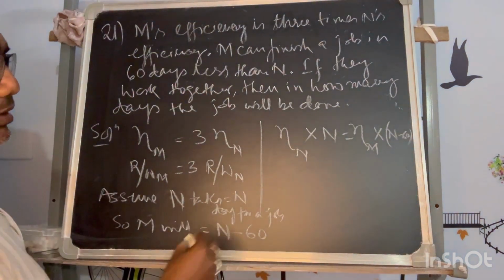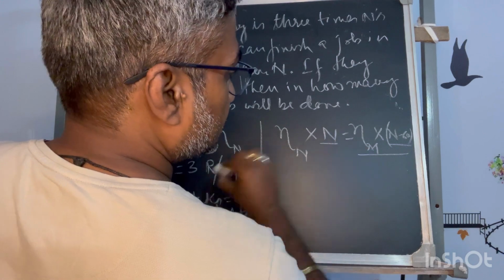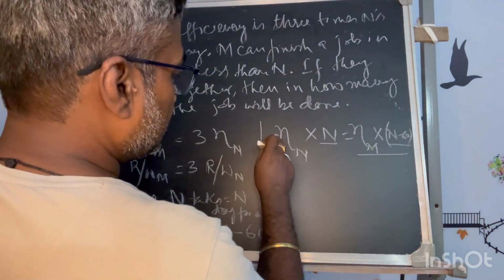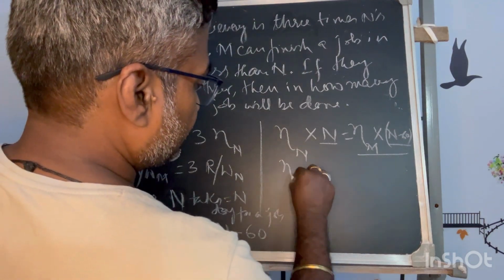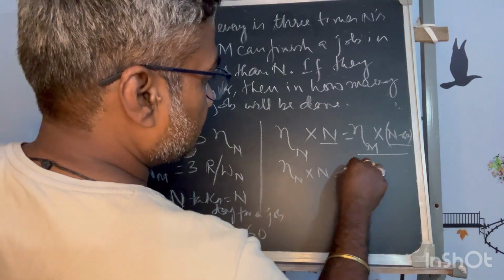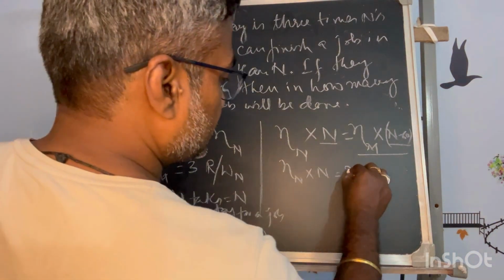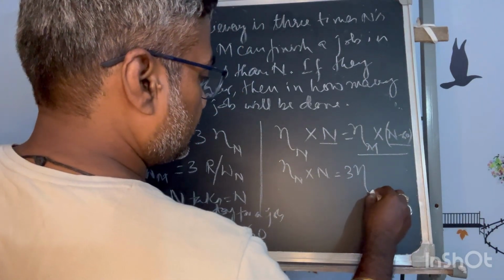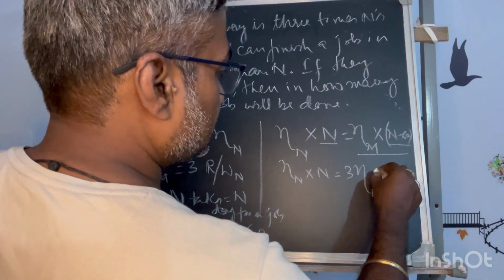M's efficiency is 3 times that of N, so we can put it like that, and the efficiency will nullify each other on both sides.